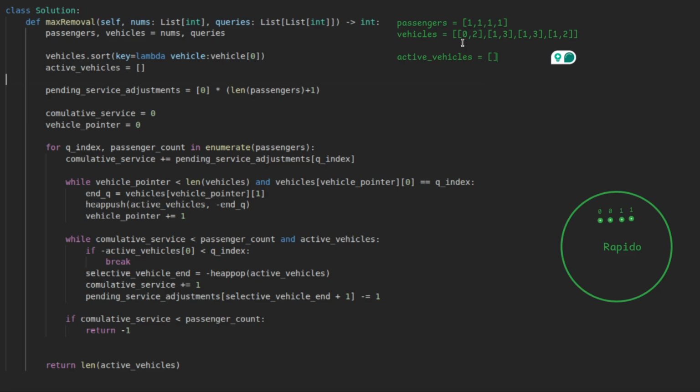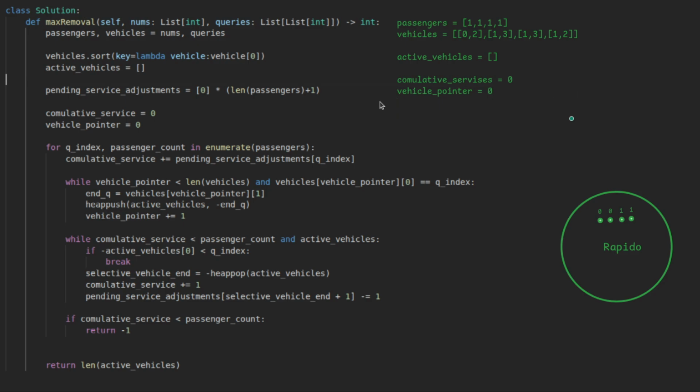Right, which is heap. And then what I will be doing, I am going to say that cumulative services, that is onboarding done till now, is 0, and the vehicle pointer is initially at 0, of course.